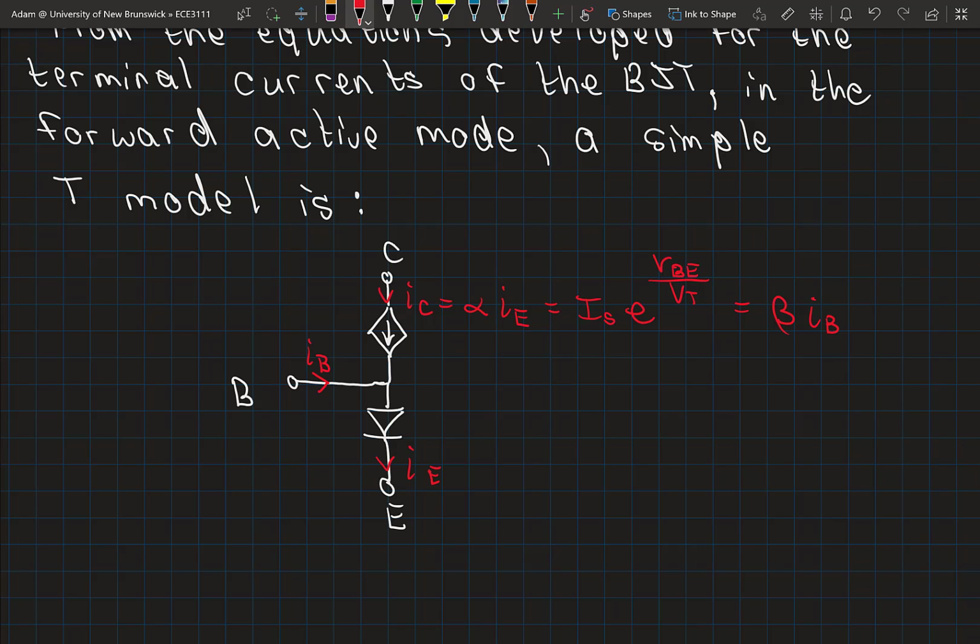So this might be thought of as a voltage controlled current source or a current controlled current source, depending on your perspective, depending on whether you consider VBE to be the input or your base current to be your input. And the VBE is that voltage from, of course, base to emitter.